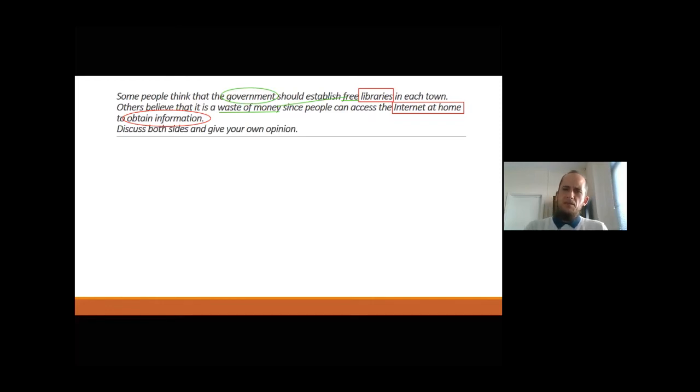Okay, but we're going to take a balanced view. We're going to look at this from a real 50-50 perspective. So we're going to whack out a 50-50. And I've decided to flip it because I really feel that for me the argument is clearly that the internet is a new source of information.